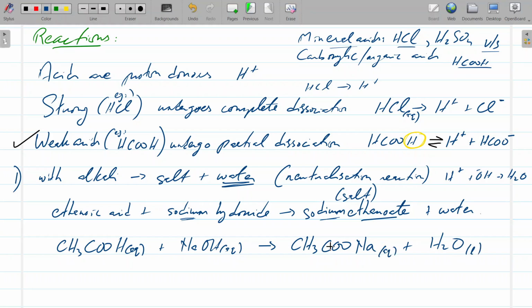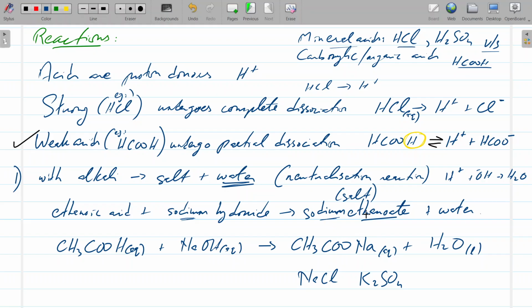Now the only thing different over here is, if this were sodium chloride, you would have written it as NaCl. If this were potassium sulfate, it would have been K2SO4, and so the metal part in the molecular formula would have been coming in first. In this case, the metal part, or the base part, or the cation, comes in after the organic molecule.